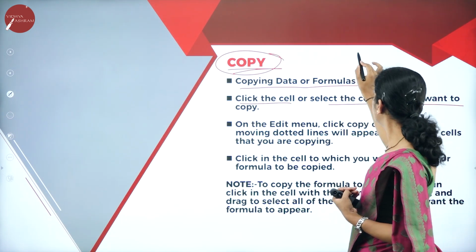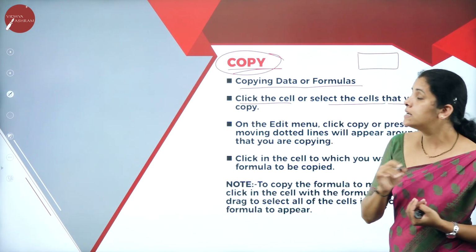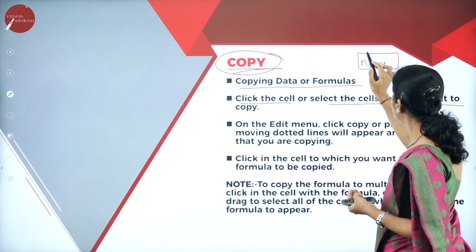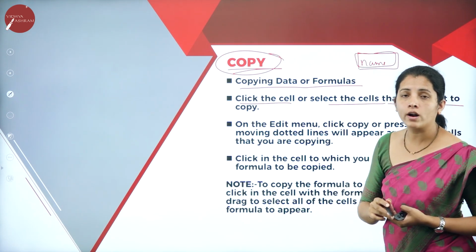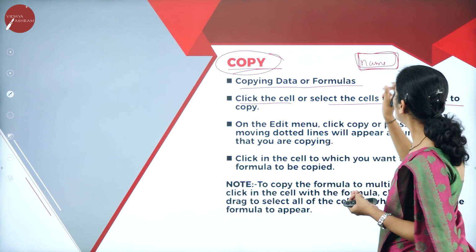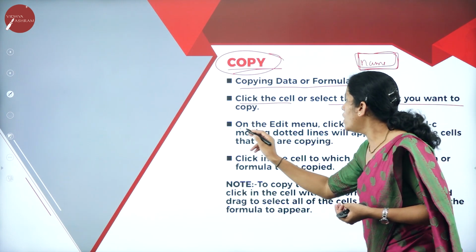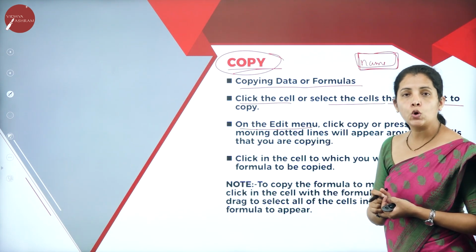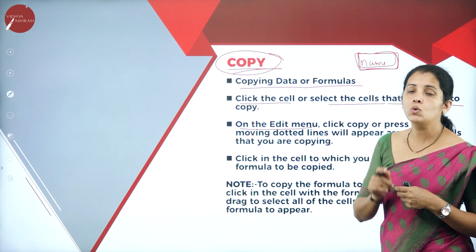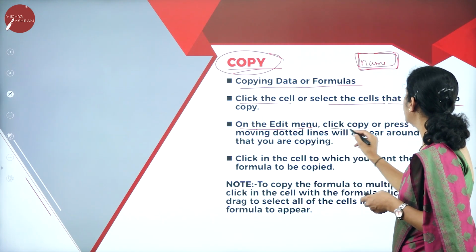That means think that this is the cell I'm going to have, and the data I'm having is a name. So I'm going to click or select this cell, and I'm going to copy the content of the cell. To copy, you can use the shortcut key Ctrl C, or you can visit the edit menu and click copy.